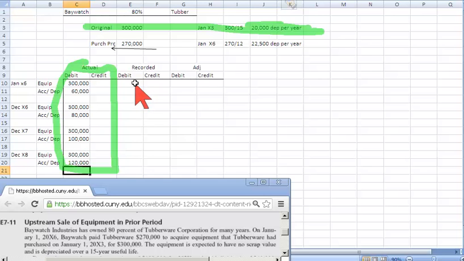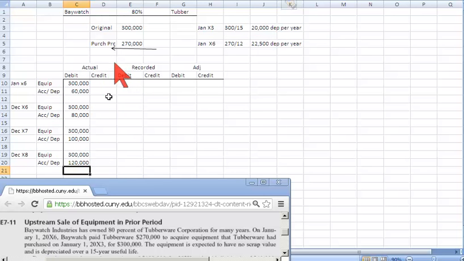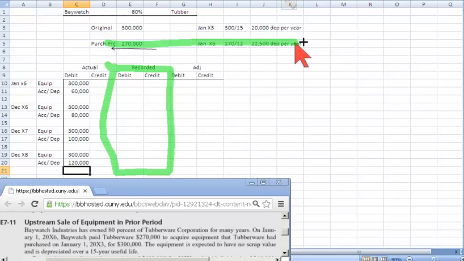Now, recorded, we look at the purchase line, which is what's being recorded currently on the parent's book. Now they're recording $22,500 depreciation per year, and they're recording $270,000 as the purchase as the value of the equipment.